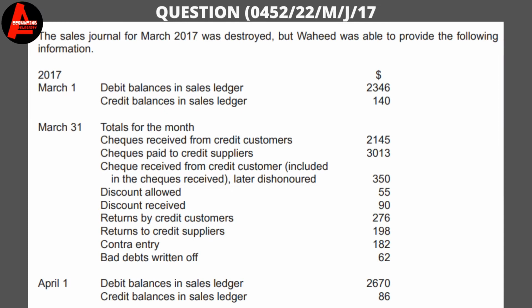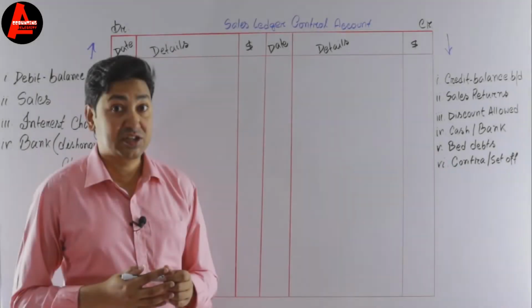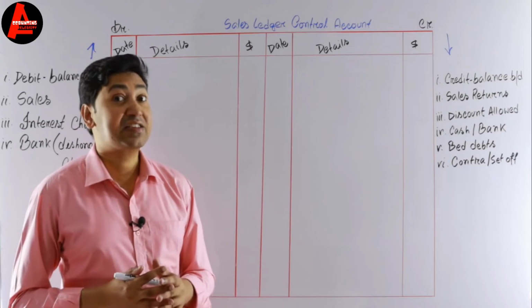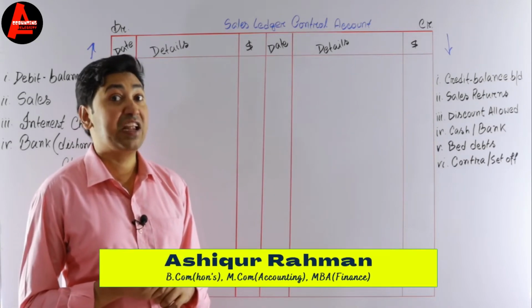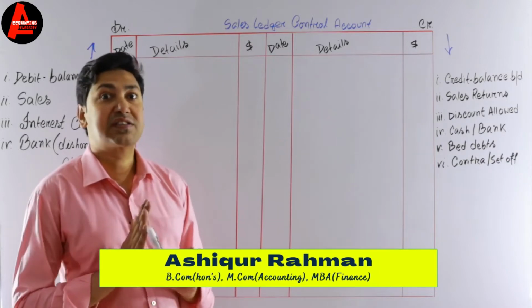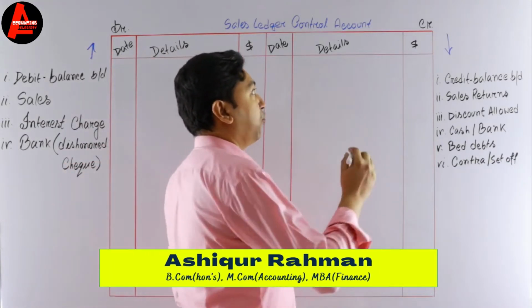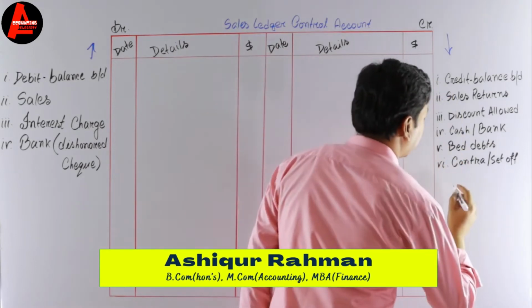Okay, what is the first transaction? March 31st, totals for the month. Okay, what are the totals? Cheque receipt from credit customer. Okay, in this account we will record only customer related transactions, not supplier.